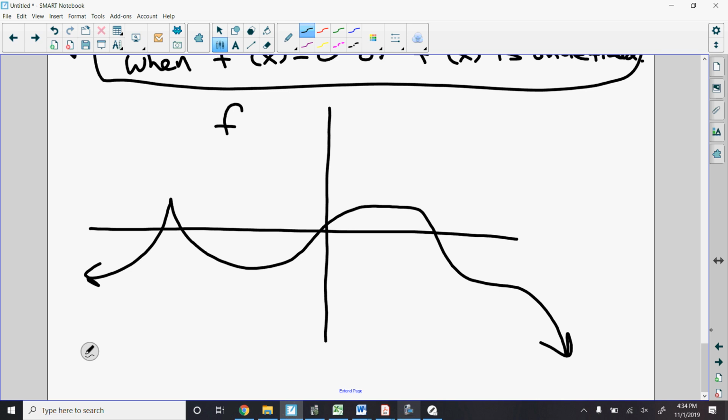We were looking at this graph and trying to determine where critical points might be. We're looking for f prime of x to be equal to 0 or f prime of x to be undefined. When we take a look at this, I see f prime of x being undefined right here because that's a cusp.